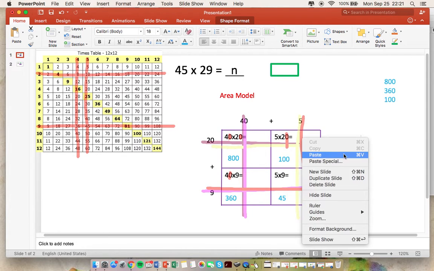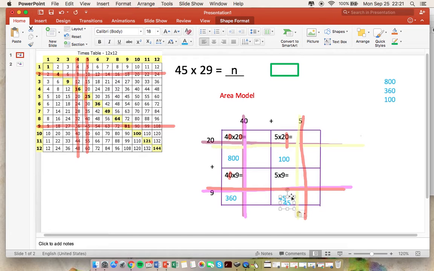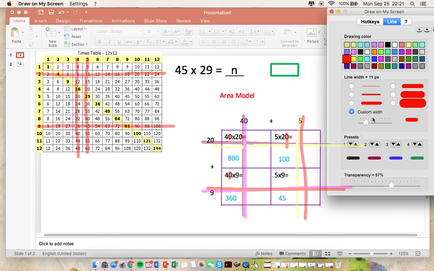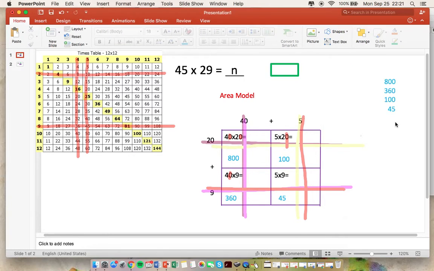Good. Last one. Since I had 4 partial products over here, I want to make sure I have 4 here. So 1, 2, 3, 4. And it looks like I am good. So now I'm going to go ahead and make my bar here just a little smaller, and I'm going to draw my straight line across, my plus sign.